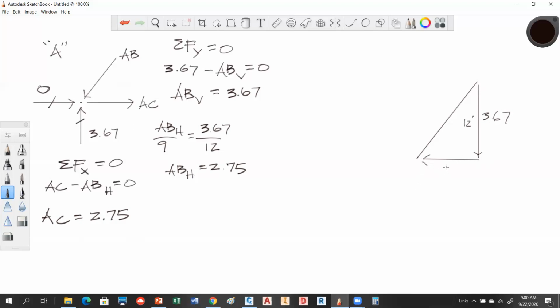And this component, A, BH, we don't know, but we do know the distance. So I'm just saying as this is to this, as that is to that. So force is to the distance over which it acts as force is to the distance over which it acts, all right? And that's really cool.